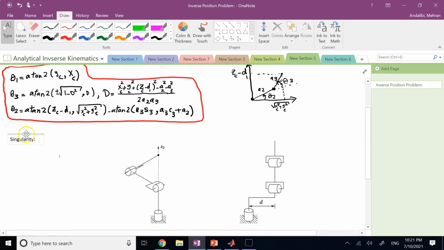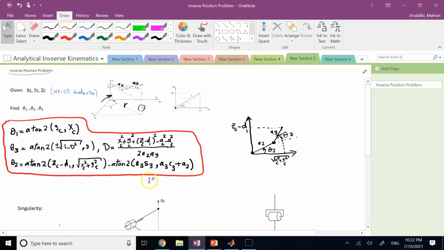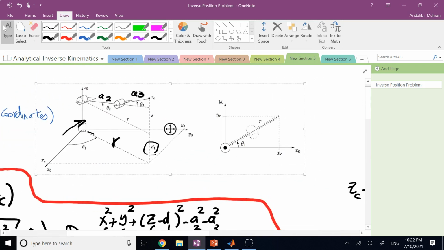Okay, so here, if you look at the first 3 joints, right, and point ZC, one problem that can arise is that this point ZC that is calculated, it falls onto the Z0 axis.